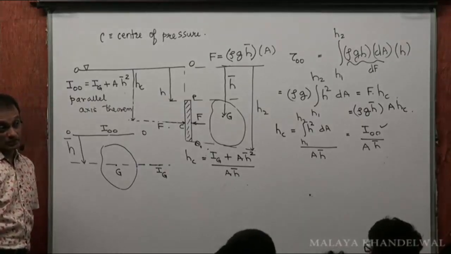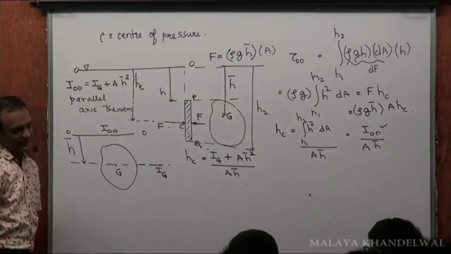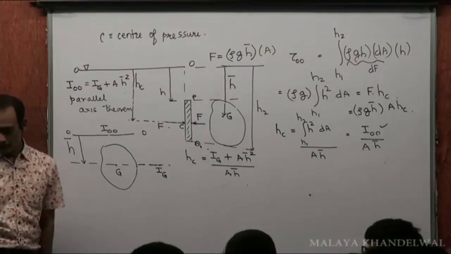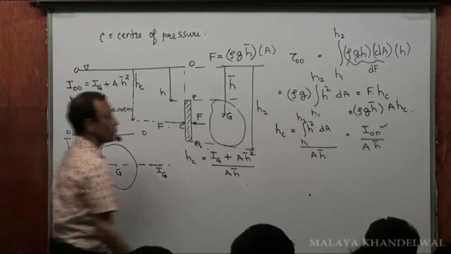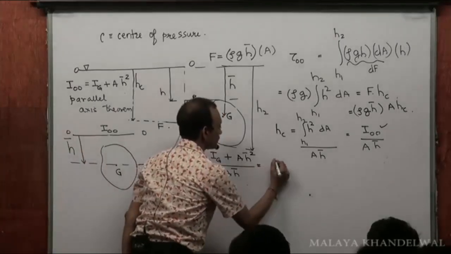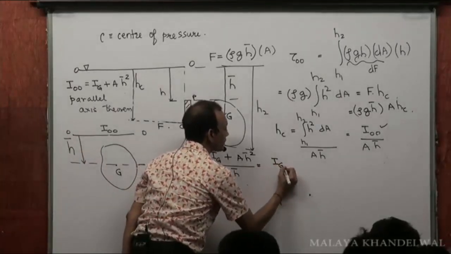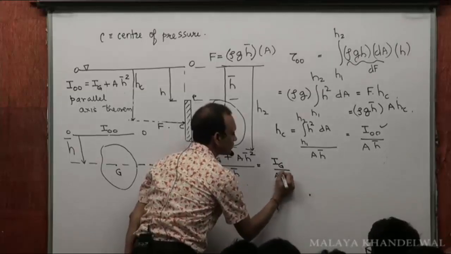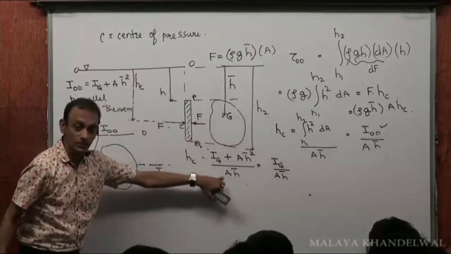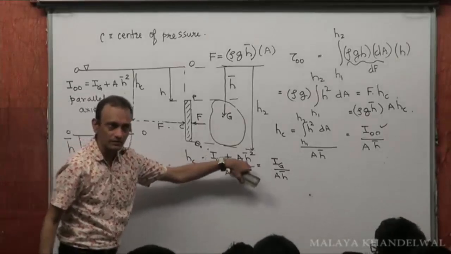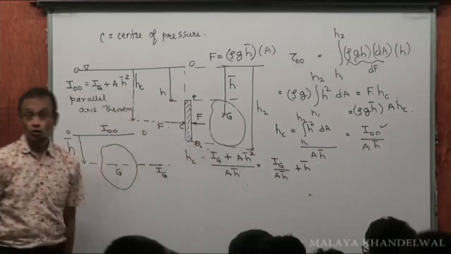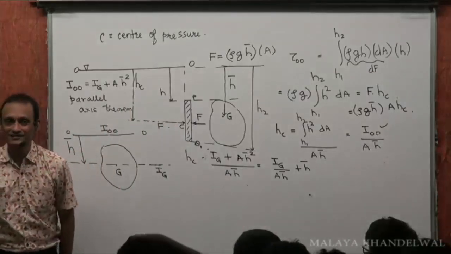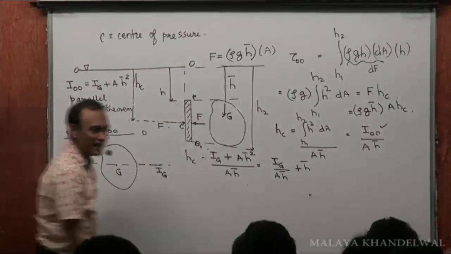That will give me the depth of the center of pressure from the free surface. By the parallel axis theorem, it is I about G by A H bar plus H bar, which is clearly greater than H bar.